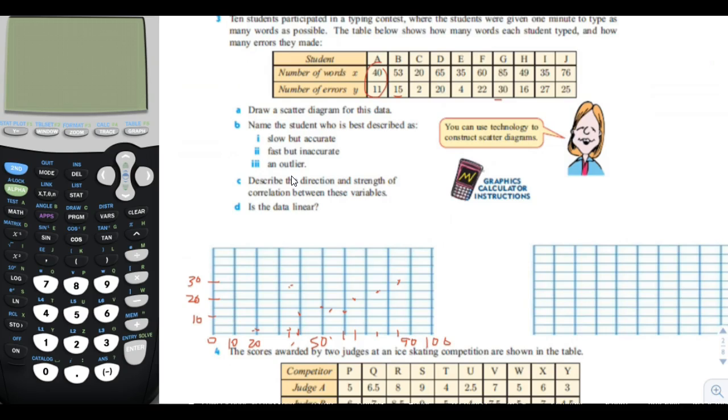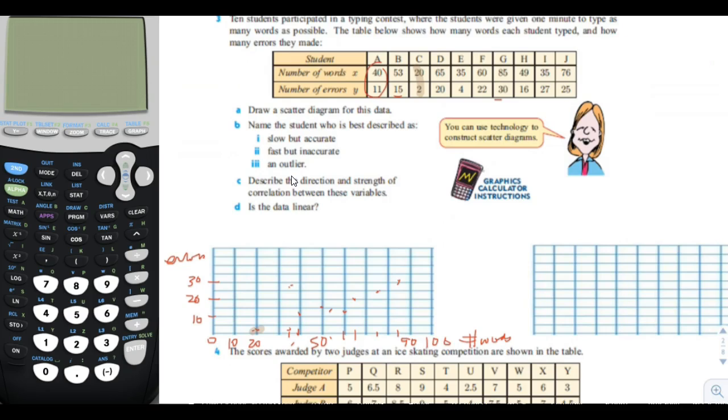That's the scatter diagram. Let's see, who is slow but accurate? So let's mark what these are. This is number of words. And over here on the vertical axis, we have errors. So slow but accurate would be like this person right here, which looks like it's 20, something.